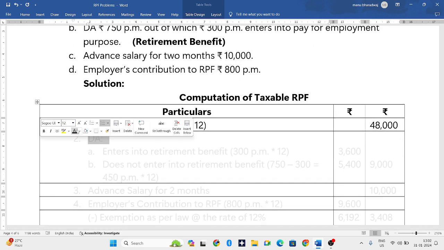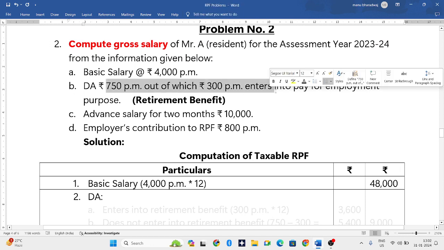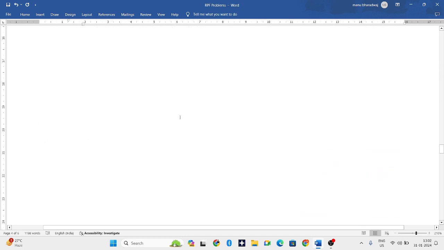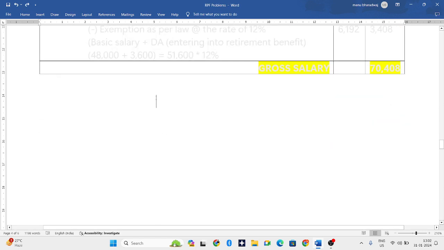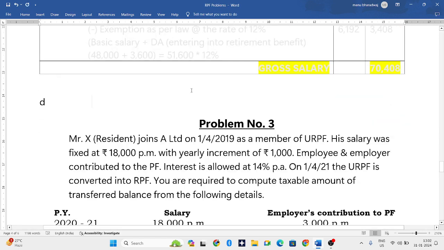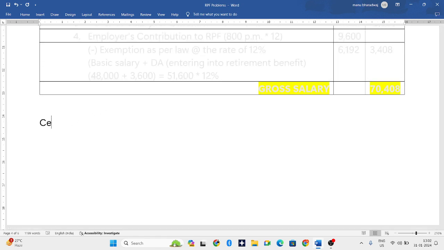Next, add DA. DA, dearness allowance. Two types of dearness allowance we have. The first one is entering into retirement benefit.